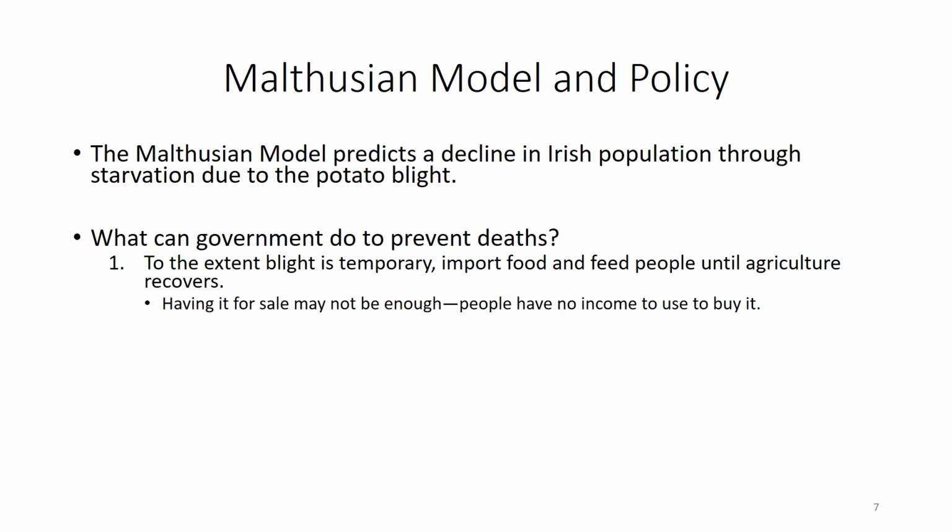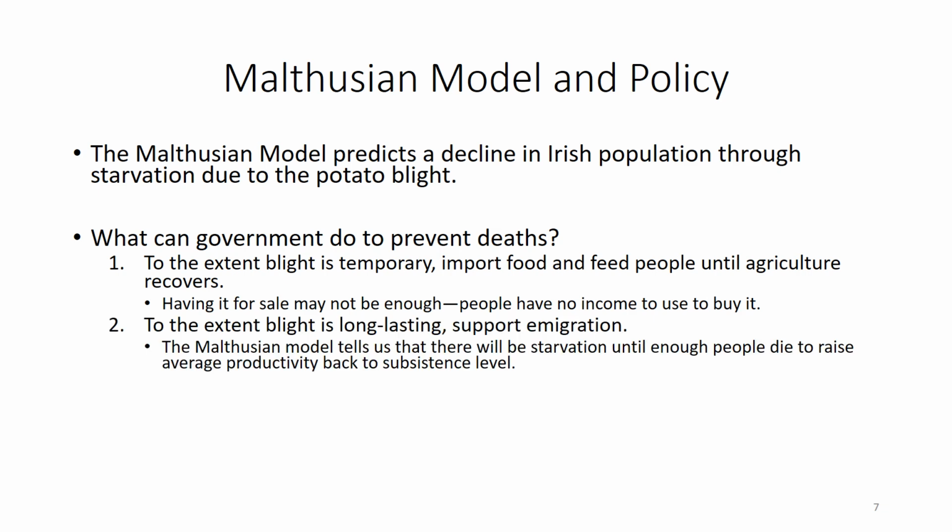I should note that just importing the food is not enough, because people who are deprived of their livelihood from growing potatoes are not going to have any income available from any other sources to buy food that's imported. So you have to bring in the food and give it to people to support them until things have recovered in agriculture and the blight is no longer a factor.